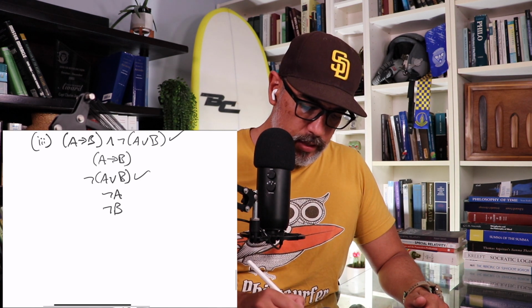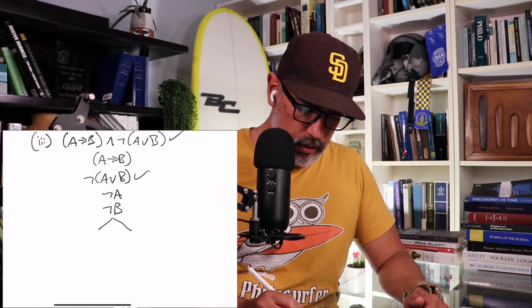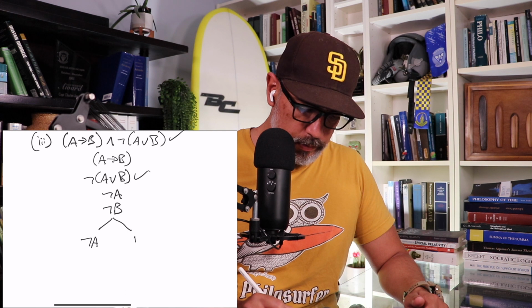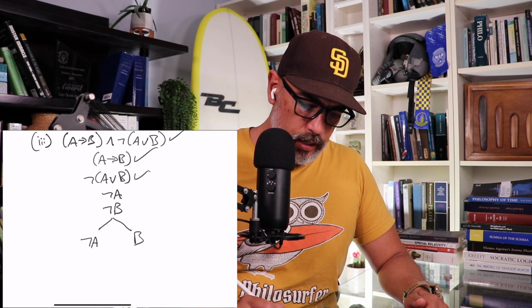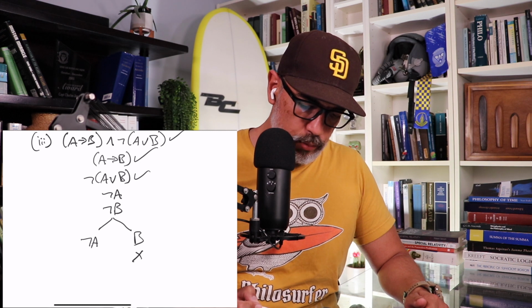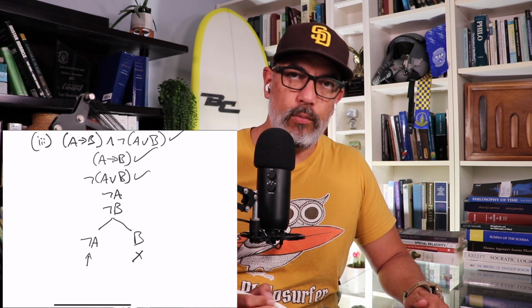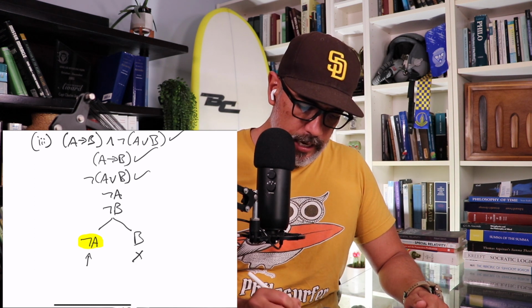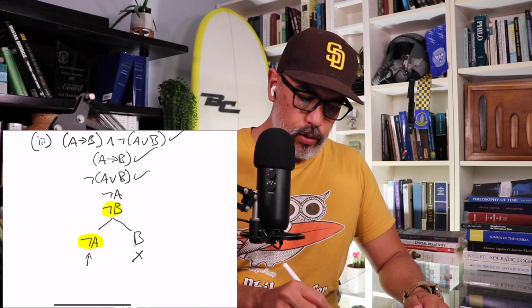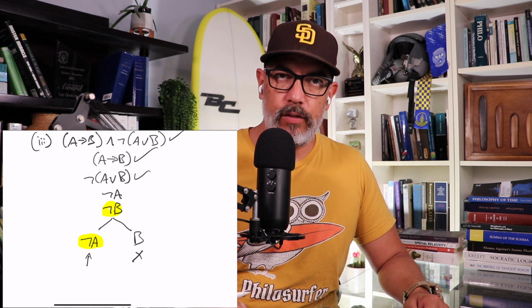And then if A, then B, that looks like this. Either A is false or B is true, check. On the right-hand side, you have not B and B, so that branch closes. On the left-hand side, you have an open branch. And it looks like we have not A, not B. So it looks like this is satisfiable when A is false and B is false.